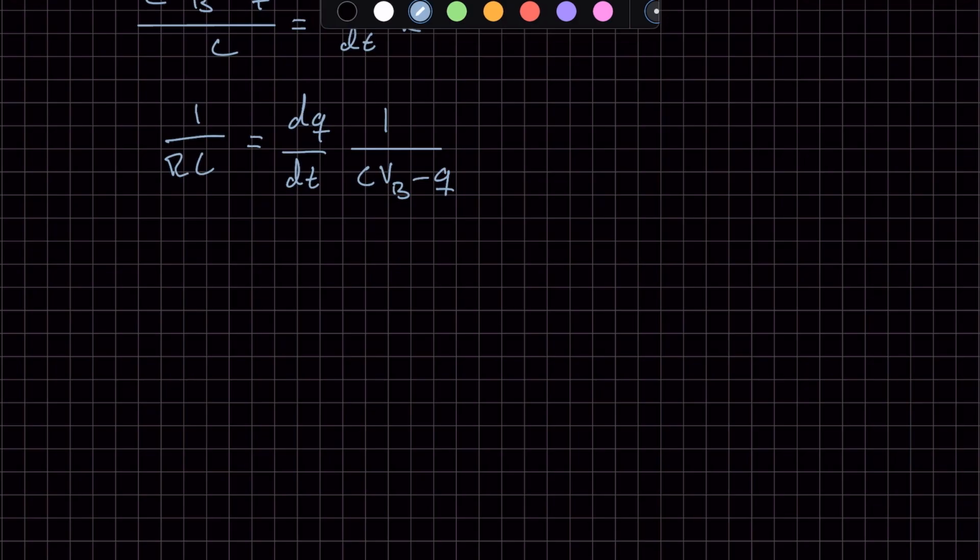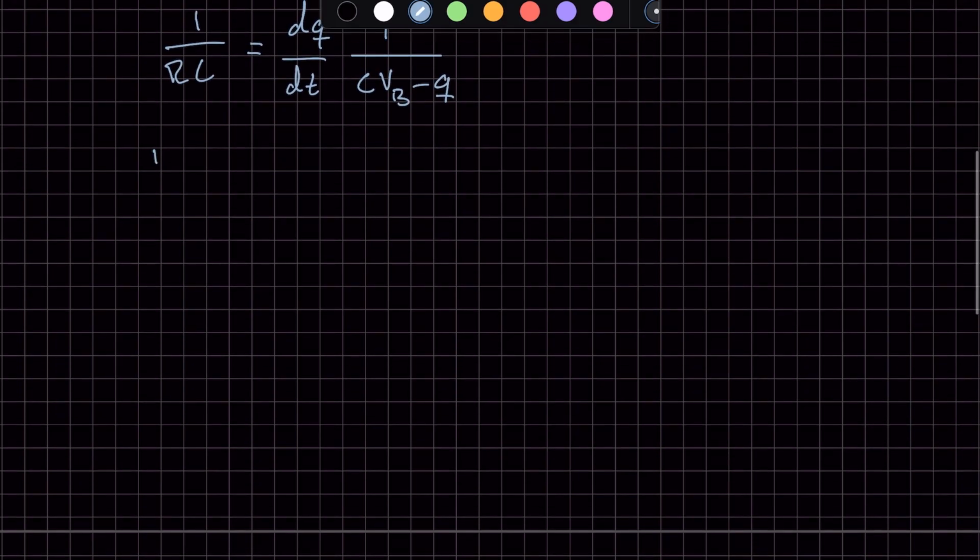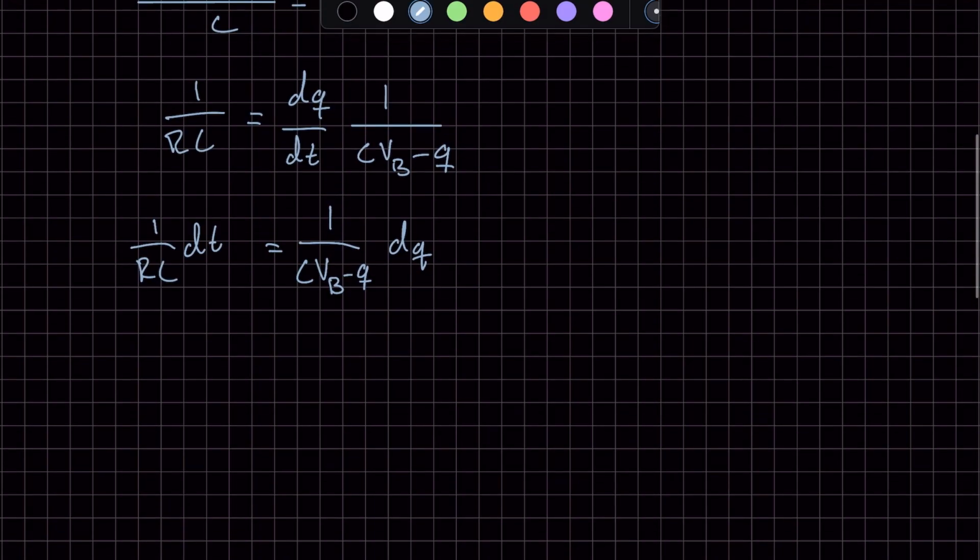So we can move this dt to the other side, and we get 1 over RC dt is equal to 1 over (C V_B minus Q) dQ. And now this is an integrable equation. We can integrate both sides to solve this equation.